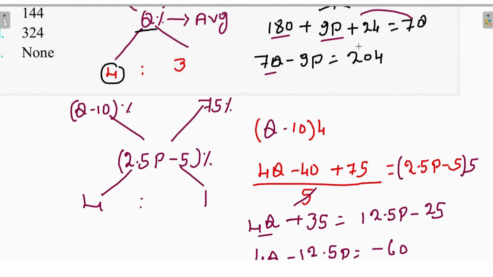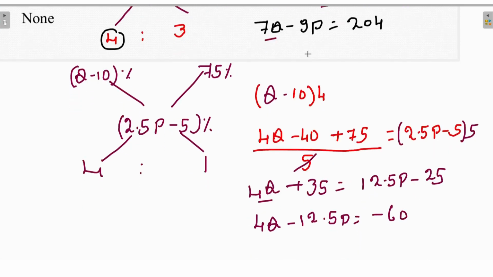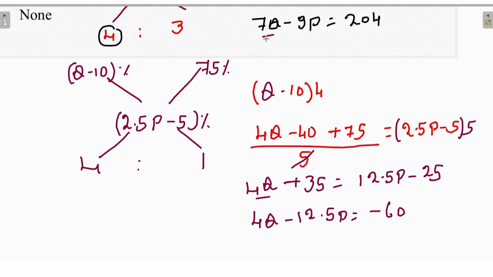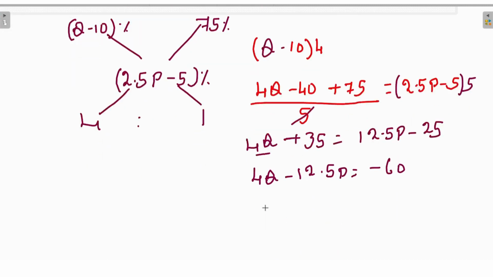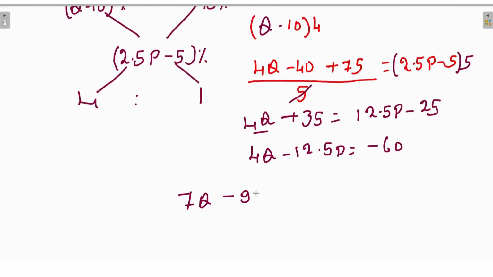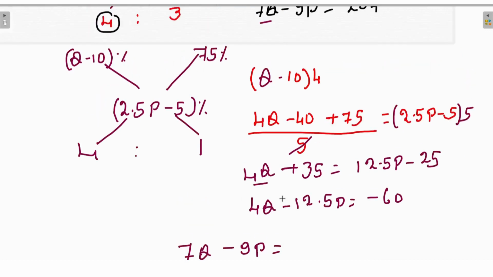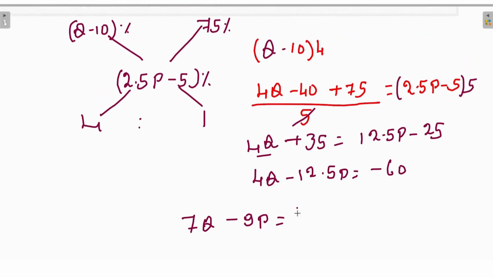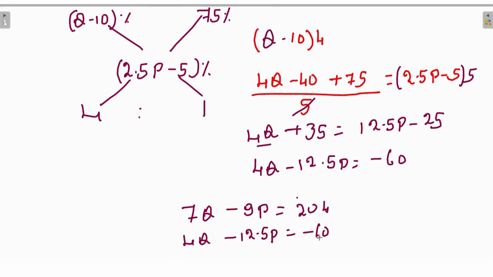Okay, here are two equations in two variables. The first equation will be 7q minus 9p is equal to 204, correct. Here 4q minus 12.5p is equal to minus 60.